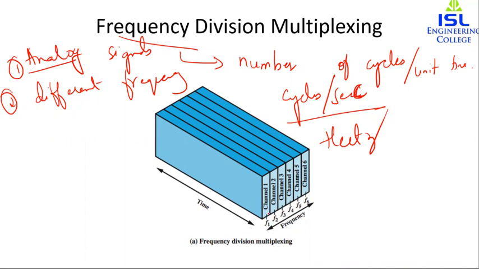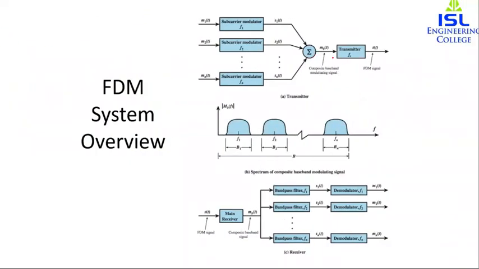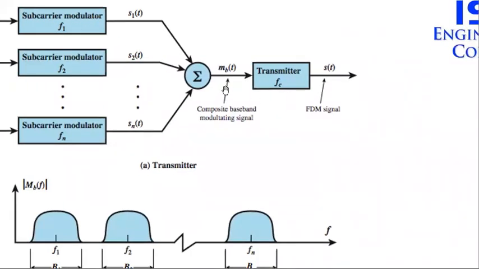Suppose we have different frequencies F1, F2, F3, F4, F5, and F6; these can be combined into a single composite baseband modulating signal that can be transported by the link. The carrier frequencies are separated by sufficient bandwidth to accommodate the signal.